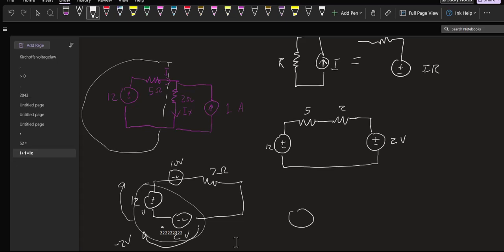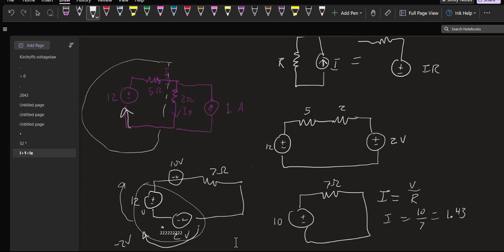So then I have 10 volts and 7 ohms. What this tells me is what the current is in this branch, because the current in this branch is going to be the same as the current in this circuit right here. So the current in that branch, which is I, V equals IR, so I equals V over R, or I equals 10 over 7, which, as we've been getting all the time, is 1.43.